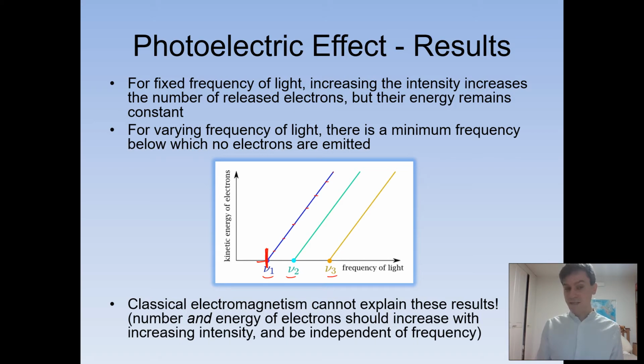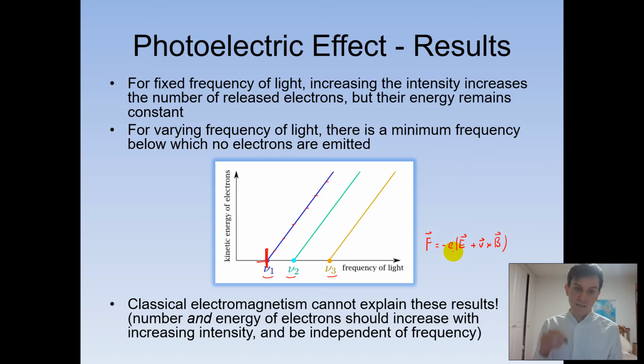Classically, light is a wave in the electric and magnetic fields, and the force on the electrons is proportional to the electric field and also proportional to the cross product of the electron velocity in the magnetic field.